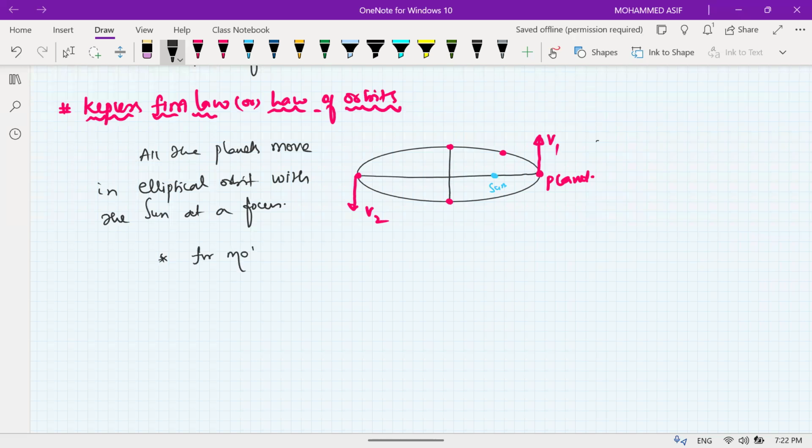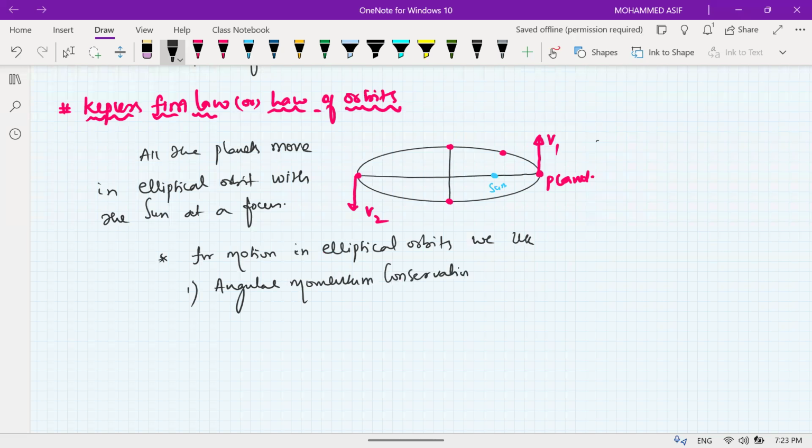For motion in elliptical orbits, we use, number one, angular momentum conservation. That means initial angular momentum must be equal to final angular momentum.